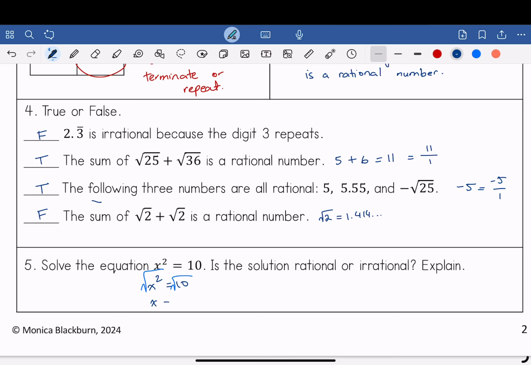Therefore, x is equal to the square root of 10, which would be 3.162... So the solution is irrational because it is a number that doesn't end or repeat.